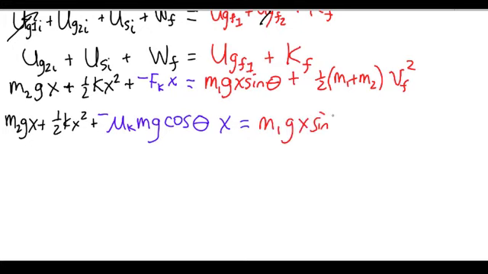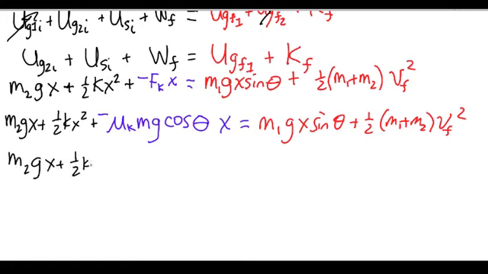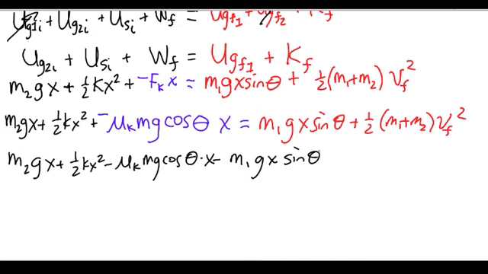m1gx sine theta plus 1/2 m1 plus m2 times v final squared. The question is asking, what is v final, right? Okay, so let's go ahead and solve. m2gx plus 1/2 kx squared minus mu k mg cosine theta times x minus m1gx sine theta.